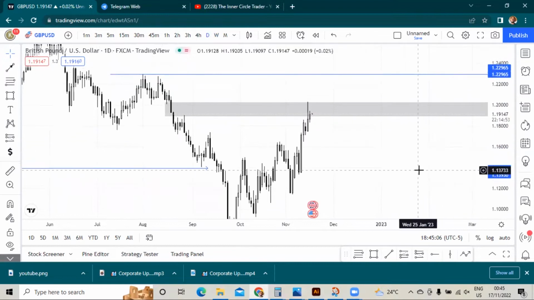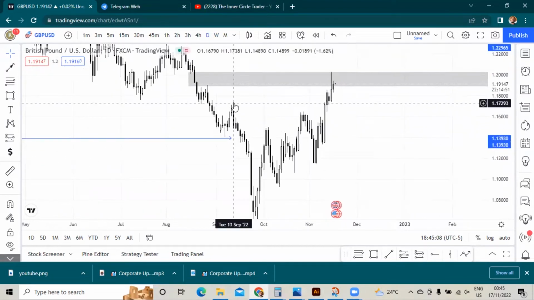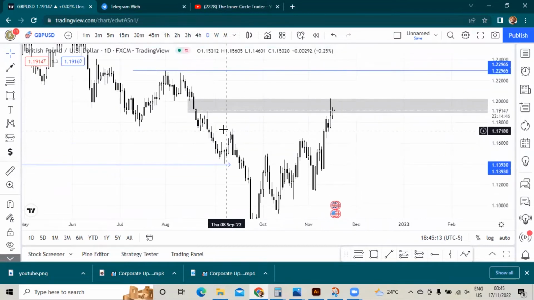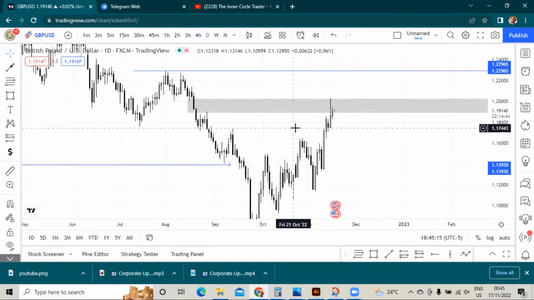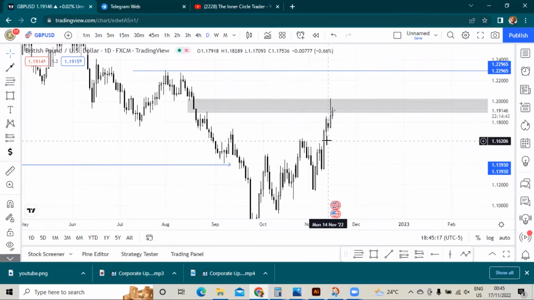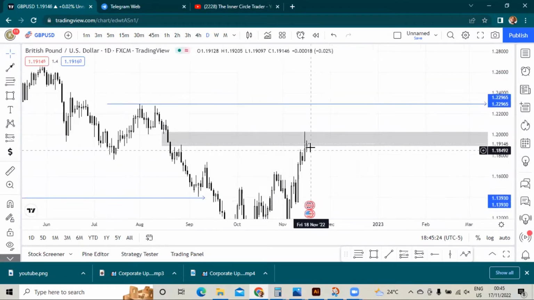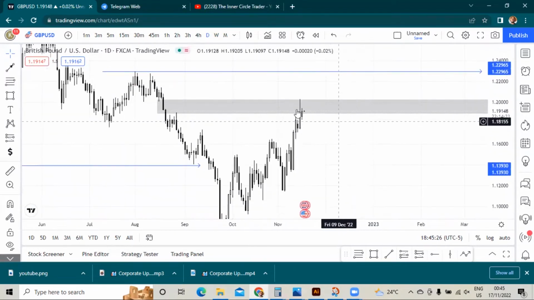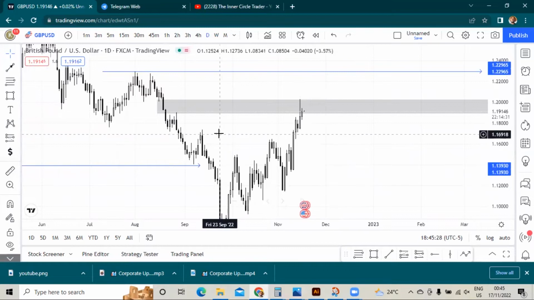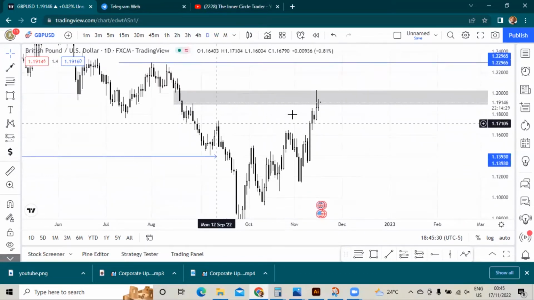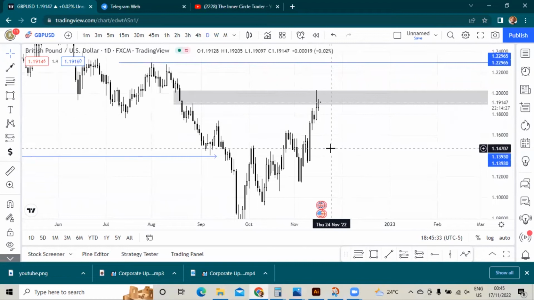Coming to the daily time frame, you see things clearer. You see that buy side liquidity has been taken. You see that this buy side liquidity has been taken also, and this is just like a relatively equal high. You remember when ICT talked about relatively equal highs in this video? Price has to clear them and then pull back a little, because whenever liquidity is taken, price falls back.